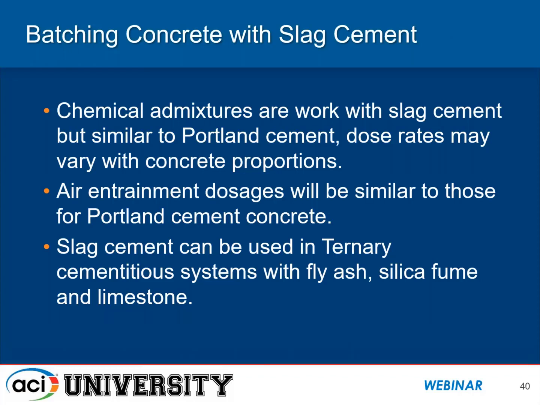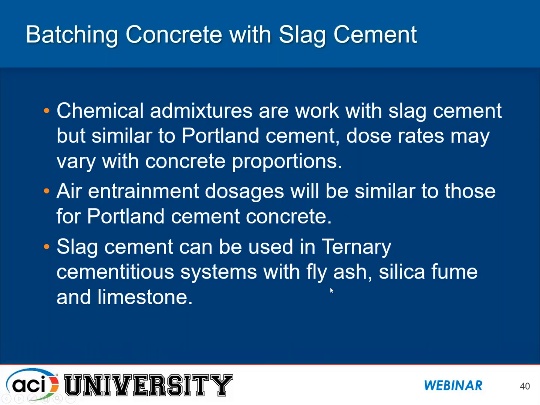The influence of chemical admixtures is similar to Portland cement concrete, although just like when you change Portland cements, you're going to change dose rates. The same with different amounts of slag, you may have to change dose rates in some cases. Air entrainment is not like fly ash. The air entrainment capability with slag cement should be very similar to Portland cement. It doesn't stifle air entrainment.